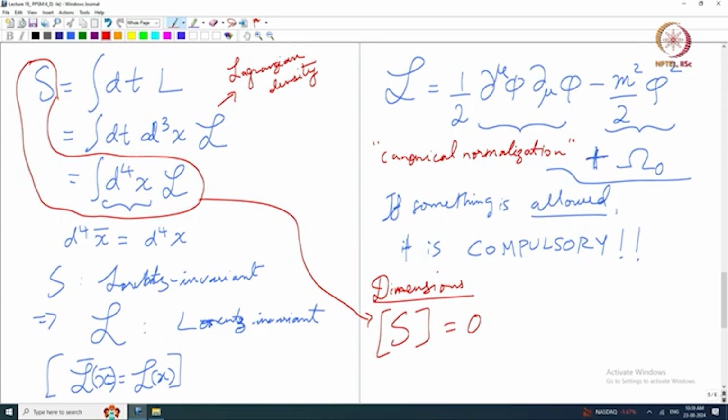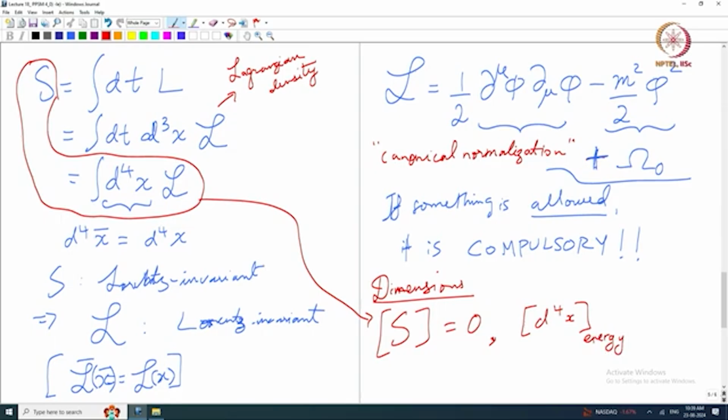In that case, what is the dimensionality of the measure, the integration measure d4x? It has 4 units of length, right? Length and time are the same, remember? So in natural units, where I'm going to express everything in terms of energy, let me, only once, write this explicitly: everything is in units of energy.